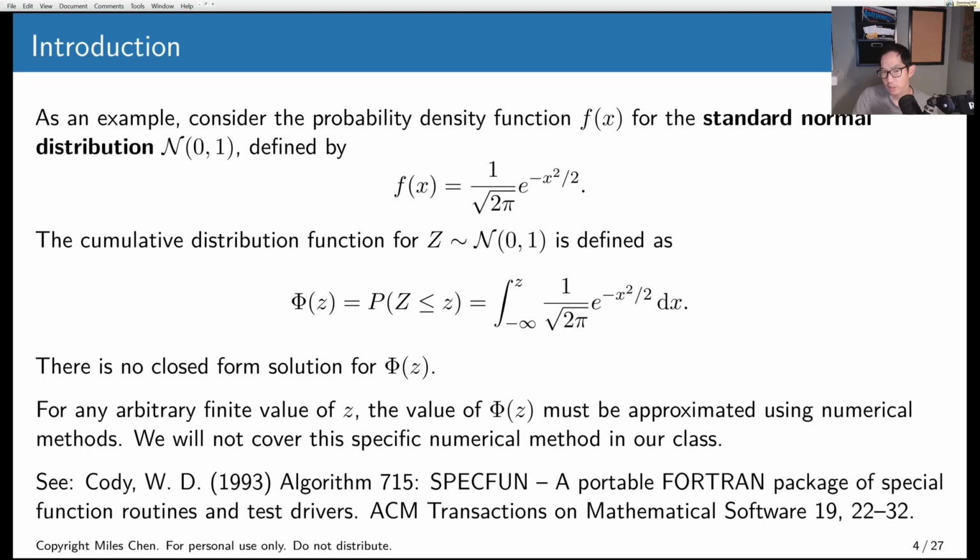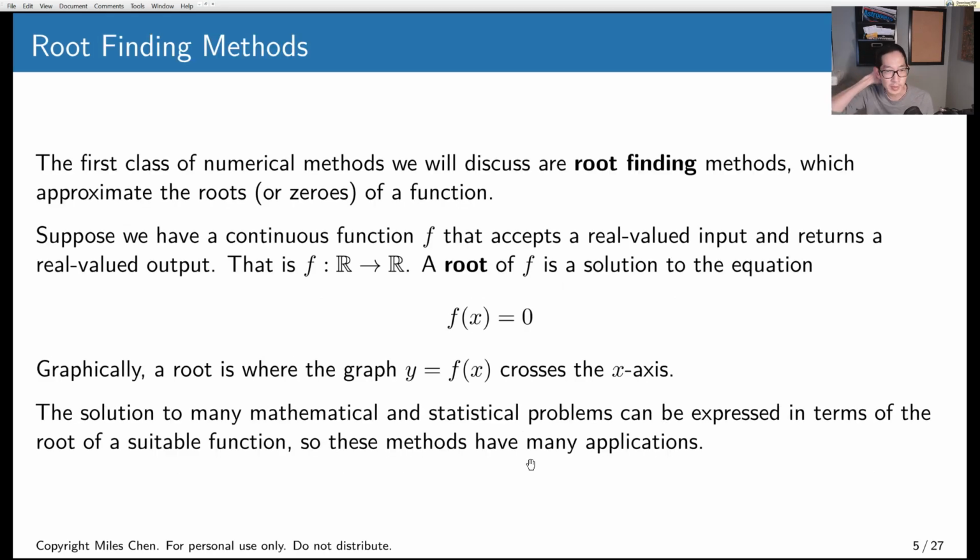So if our computational method is able to give us an approximation that's accurate up to that amount, then that's about as good as we're going to get, okay? And that's fine, okay?